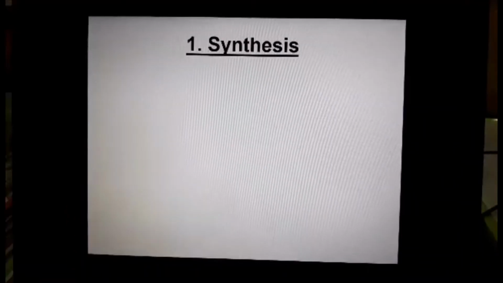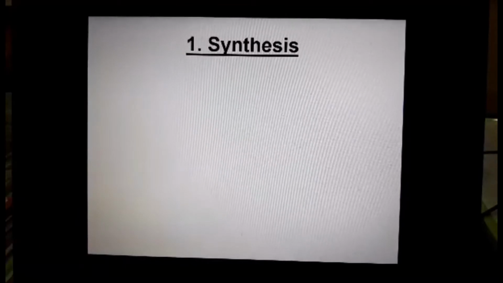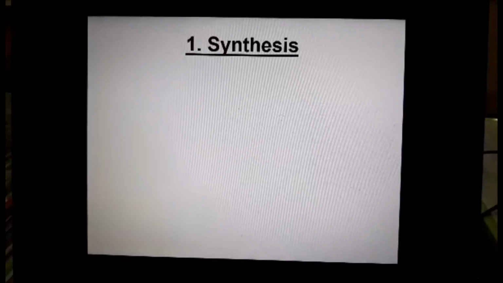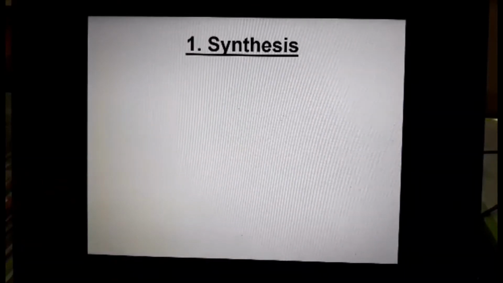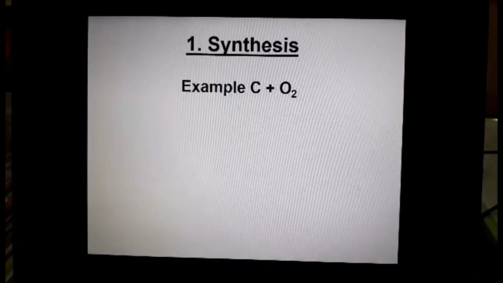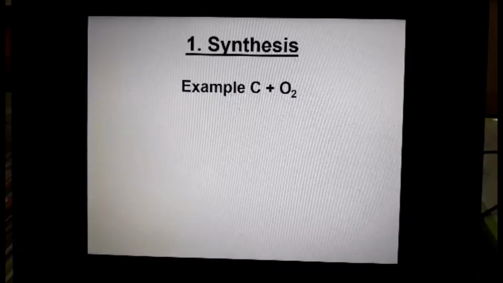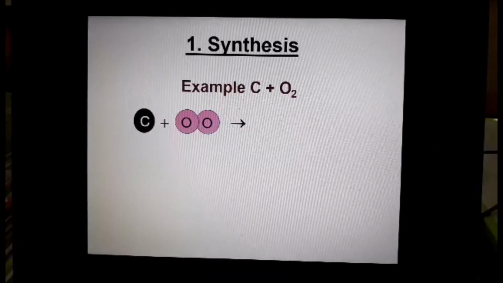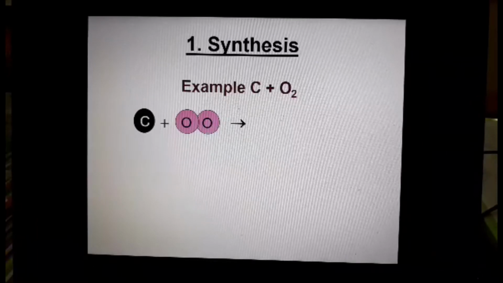So the first type of chemical reaction, as I told you, is the synthesis reaction. Synthesis reaction is also known as combined reaction. For example, we have C plus O2, or carbon plus oxygen, gives us... Why is the symbol of oxygen O2?